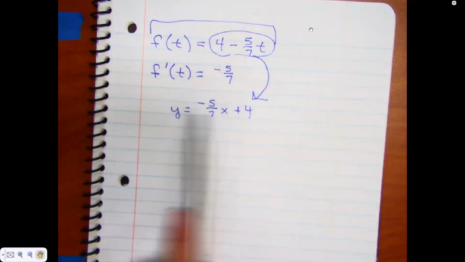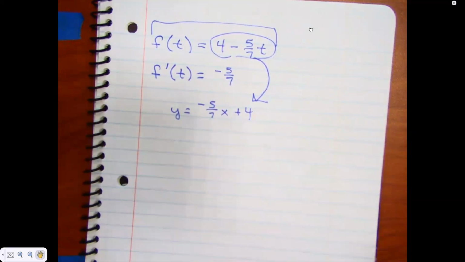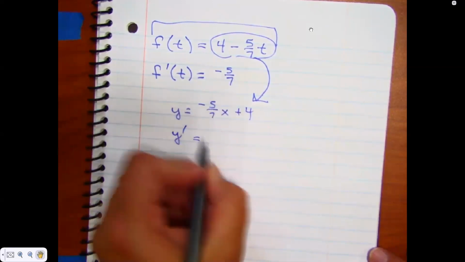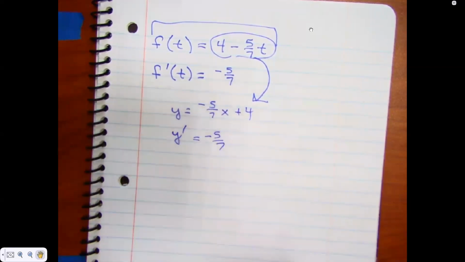This is an equation of a line. I don't even care about derivatives. What's the slope? Negative 5/7. What happens if I implement the rule for derivative? We just did it up here, right? But this would go to negative 5/7, and this goes to 0. So it works for lines as well.